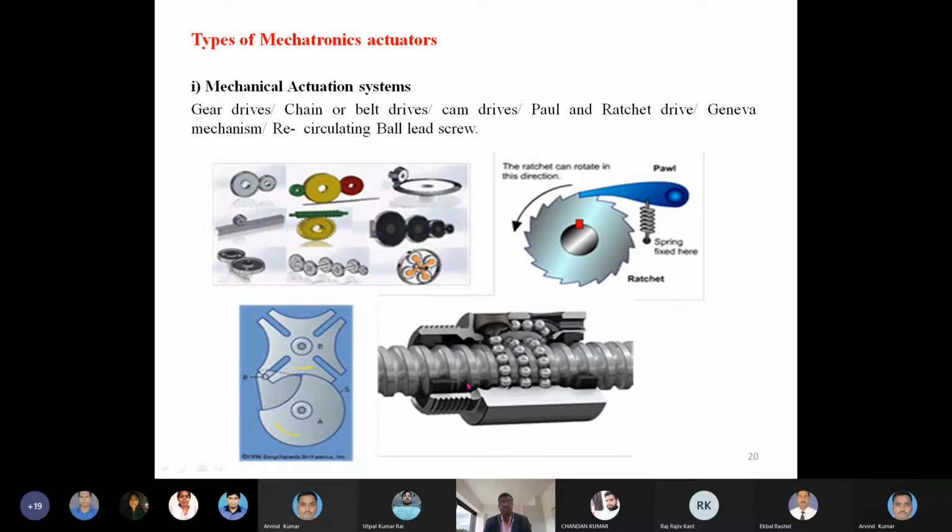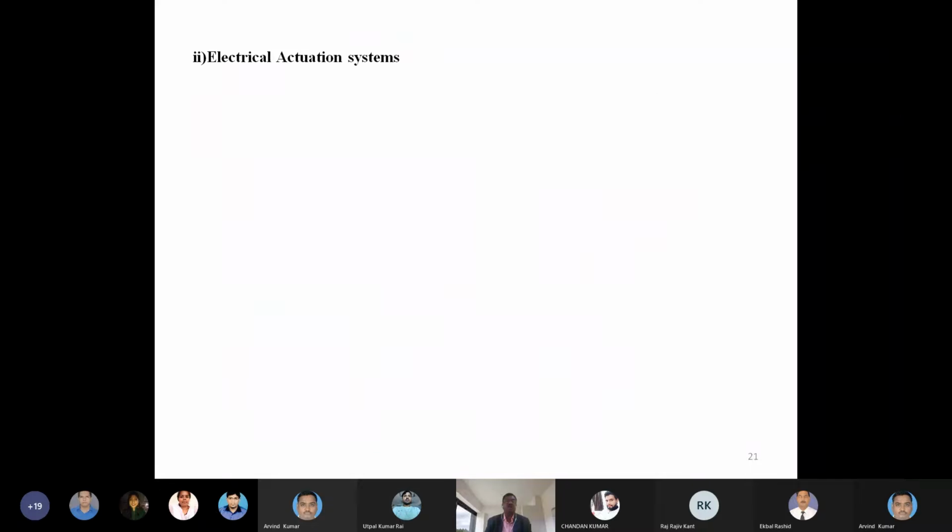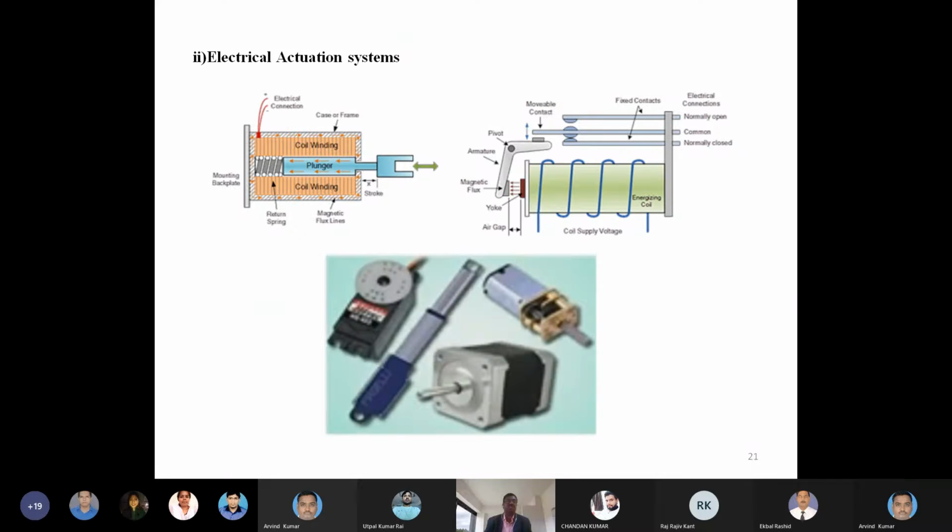In a conventional lead screw system, we use a circular, spherical ball which transmits motion continuously, so that the friction and the wear and tear become very minimal, because it has a point contact or line contact with respect to the lead screw and the nut system. So these are some of the applications of mechatronic mechanical actuation systems.